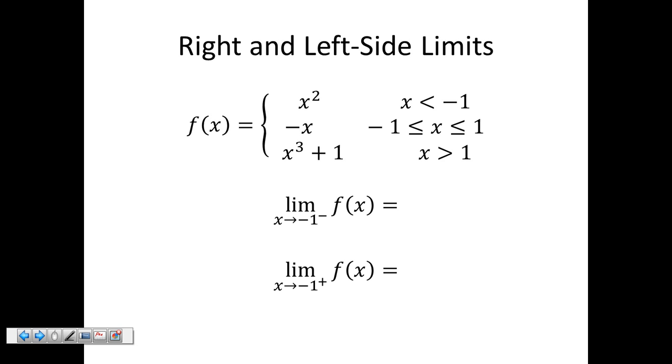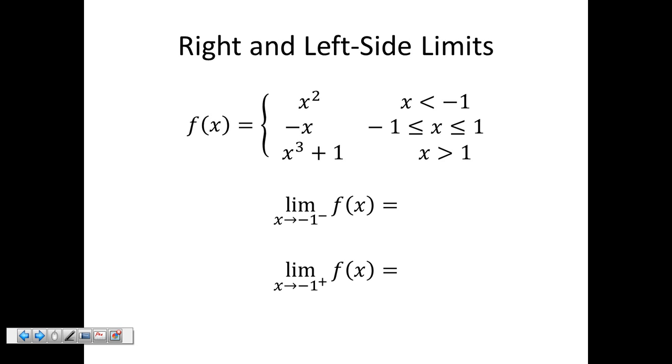If I'm going to plug in numbers that are just a little bit to the right of negative 1, like negative 0.999, then I have to use that middle piece of this piecewise equation.